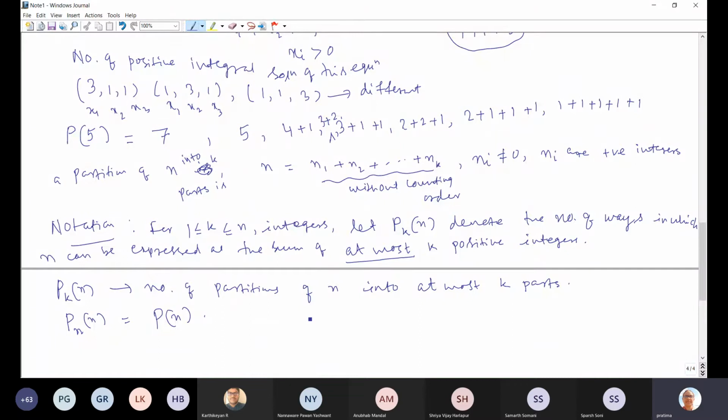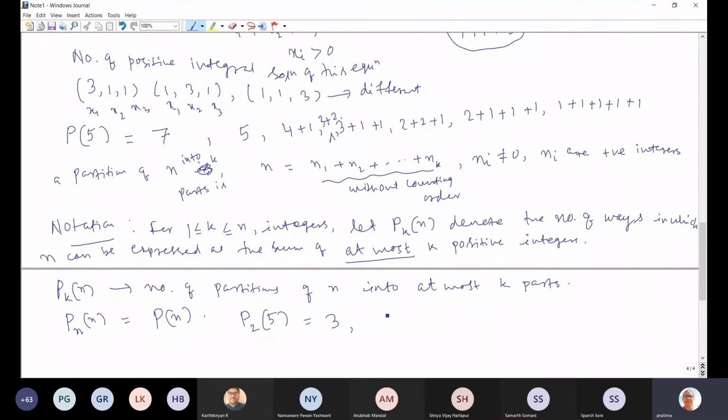Using this notation, what is the value of P25? It is the number of partitions of 5 into at most 2 parts, either one part or two parts. So this value is equal to 3.